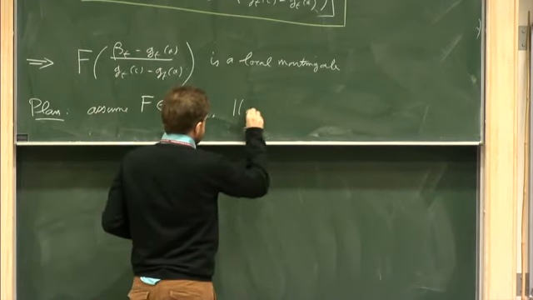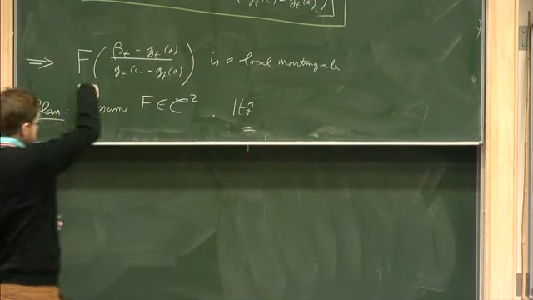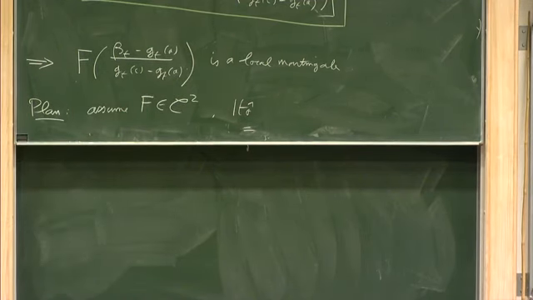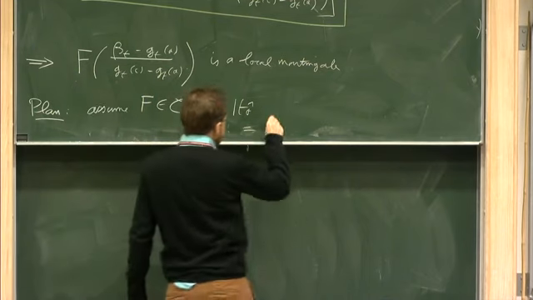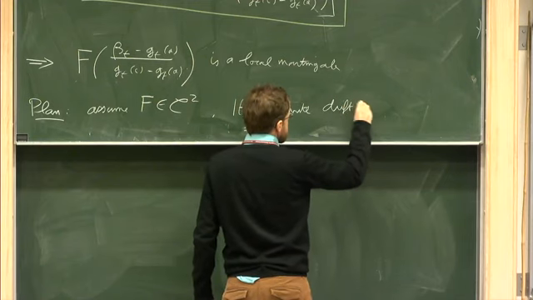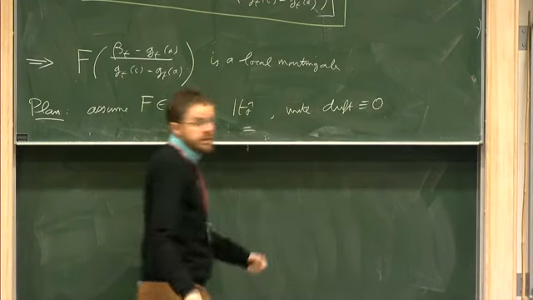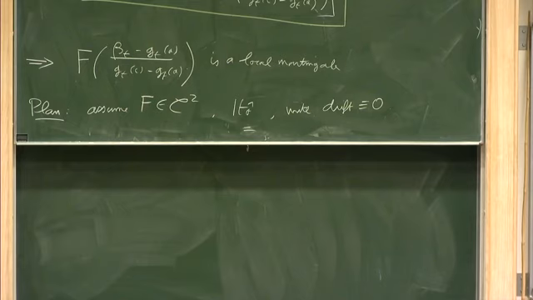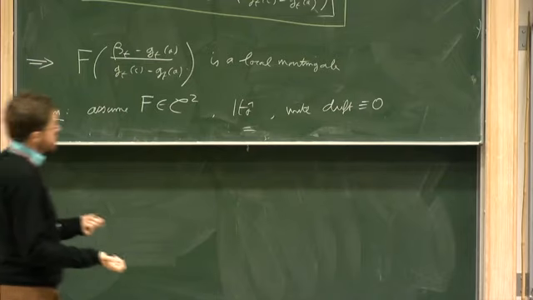Then we will apply the Ito formula to compute the variations of f of this ratio. And we will write that the drift term should be identically 0. And so this is exactly saying that this is a local martingale.